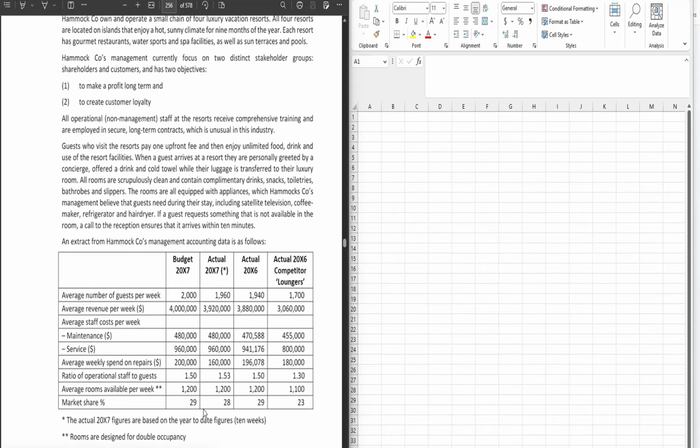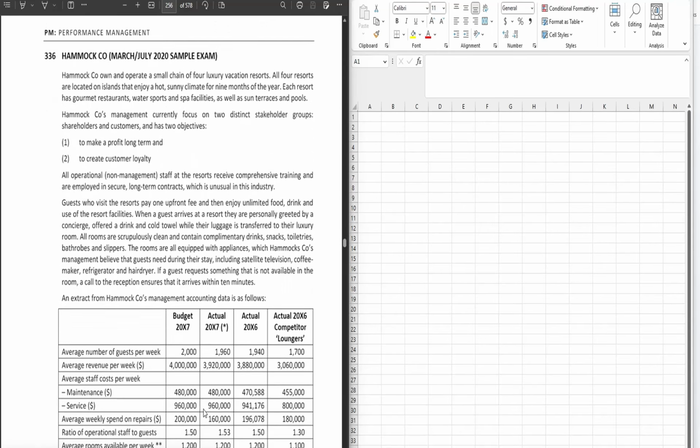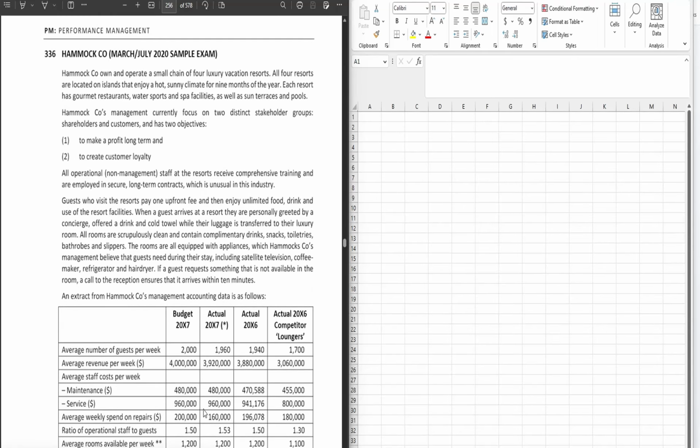Let's read the background, then we will come back to the requirements and find the things and solve the question together. Let's have a recap of what Hammock Company is, what its objectives are, which have been mentioned in the requirement, and what information they have provided to us.